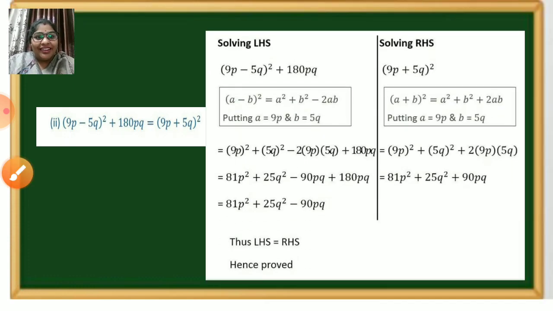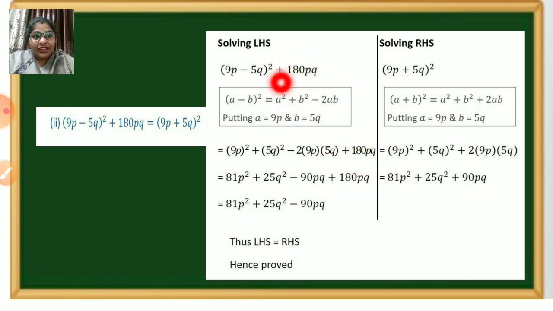Now you can see here, left hand side is 9p minus 5q whole square plus 180pq. So using the identity a minus b whole square, we will first solve this 9p minus 5q. So it will be 9p square plus 5q square minus 2 into 9p into 5q and plus 180pq as it is down.